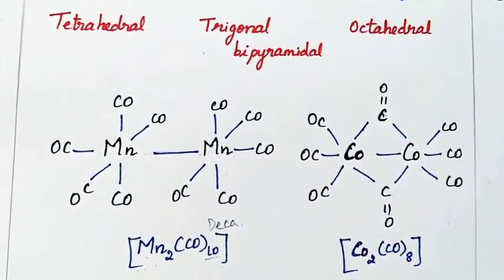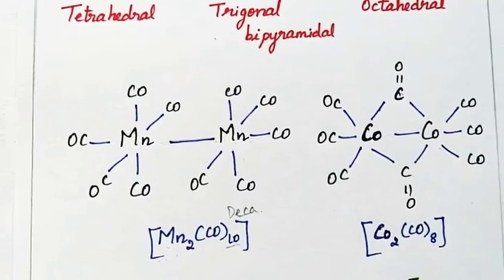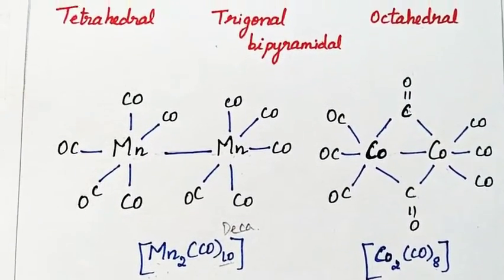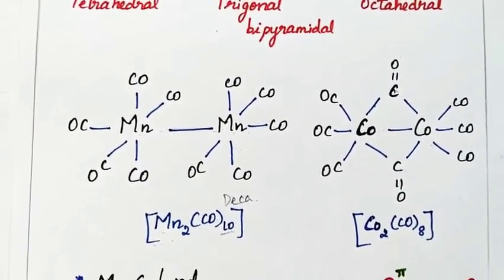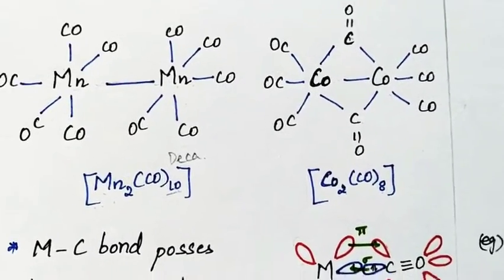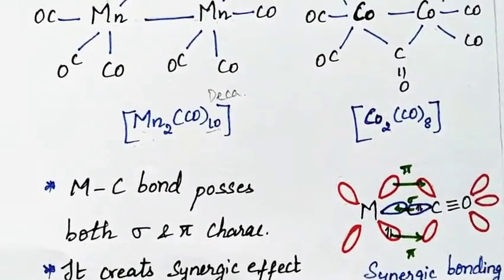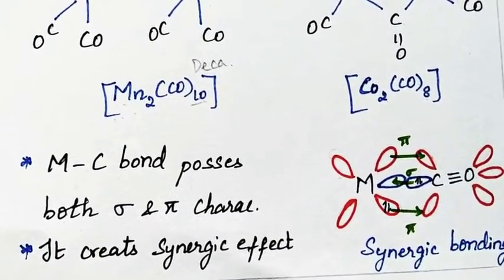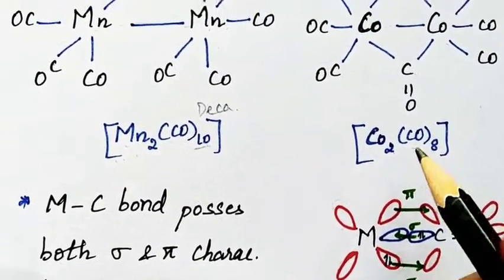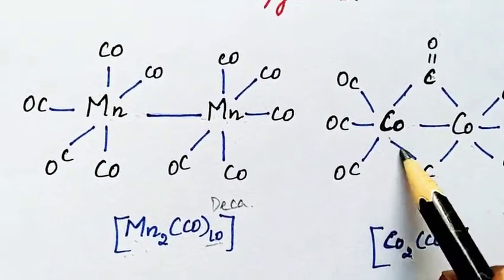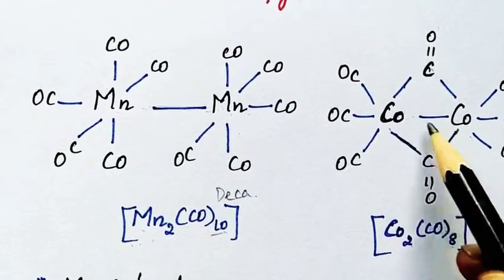Why we are speaking about these carbonyls is that they are very unique complex compounds, and they show a synergic effect. What is meant by synergic effect, we will see now. Here a bond between the metal and the carbon takes place.